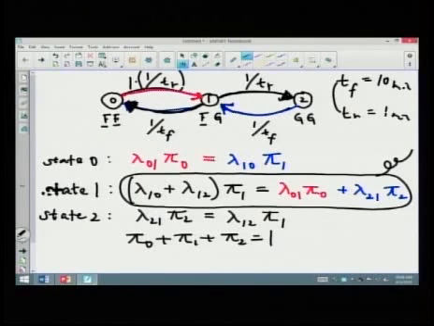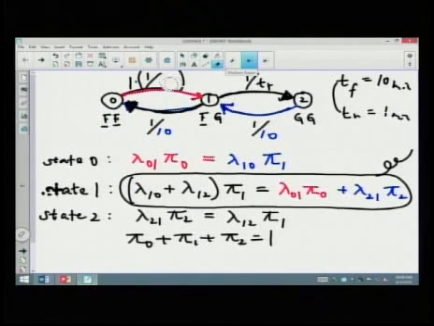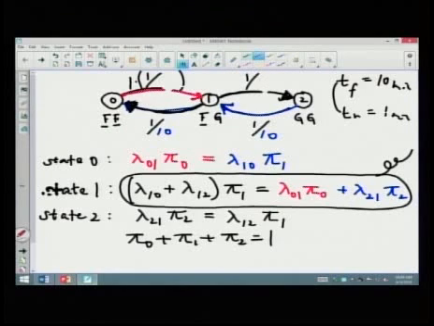Let's use these numerical values. Instead of TF, we have 10 minutes down here, but here we have 1 minute.